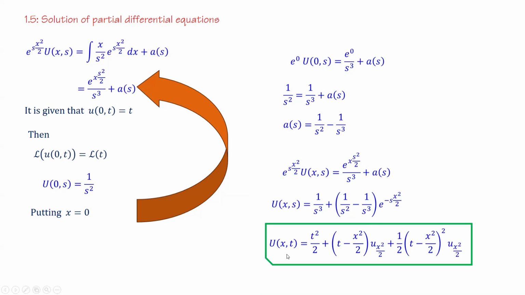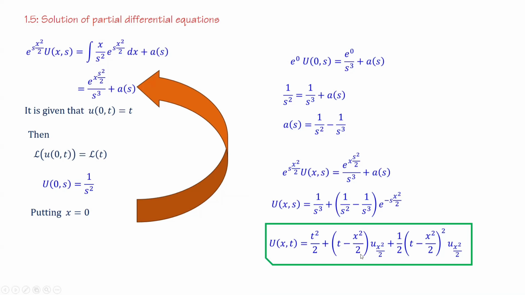And taking the inverse of this, you will get this. So here is the unit step function of x square over 2, and then you can get it. The inverse of 1 over s square is t.